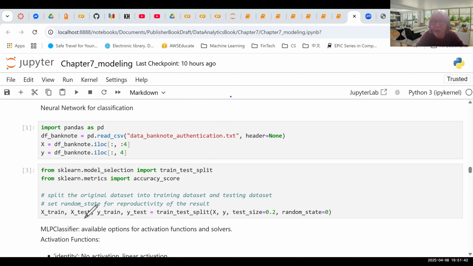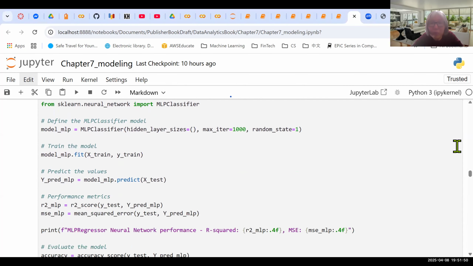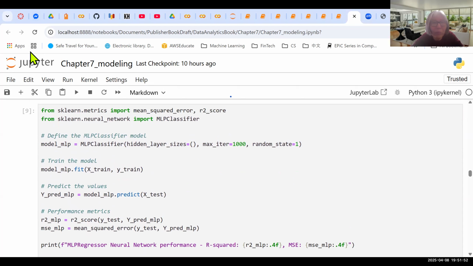It will automatically split for us. After that, we are going to use a neural network model from scikit-learn.